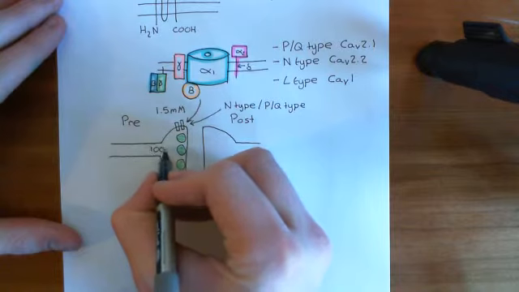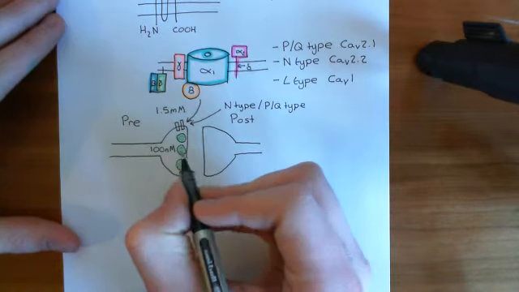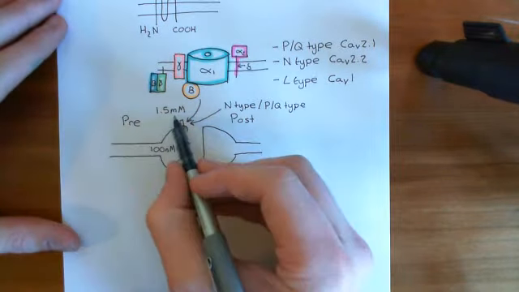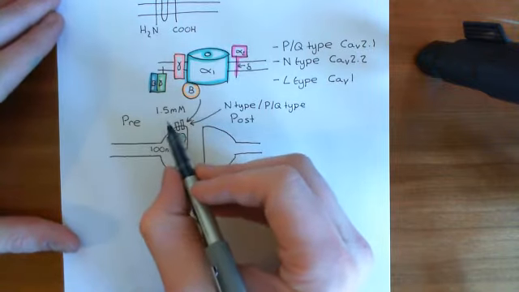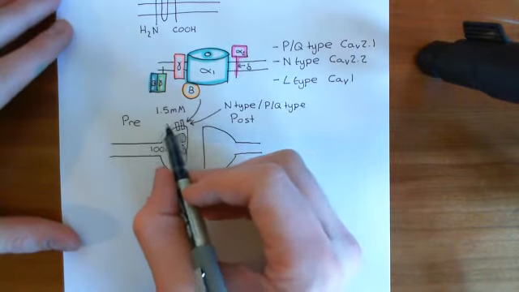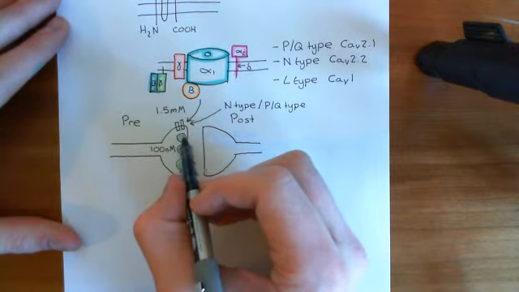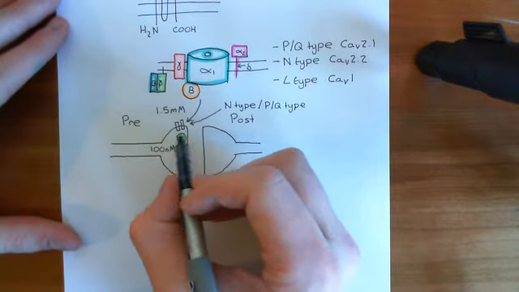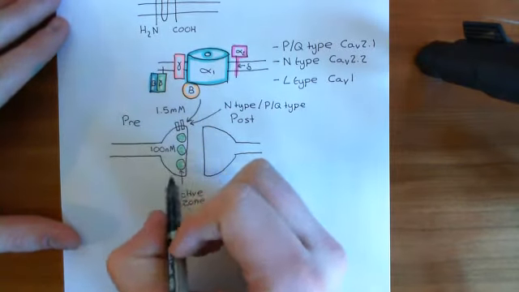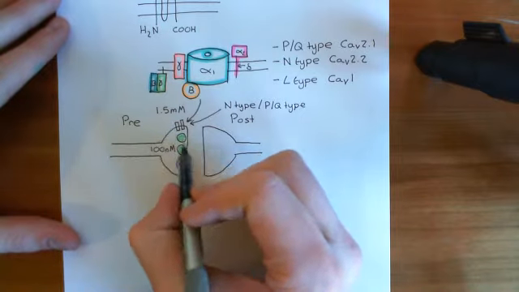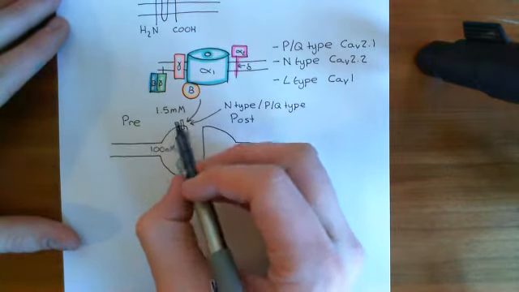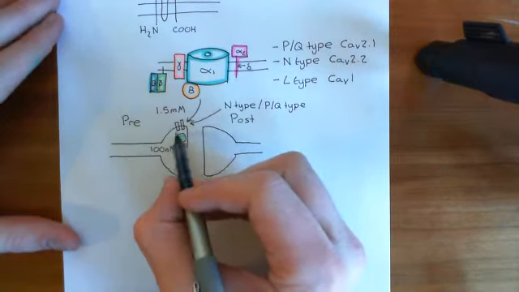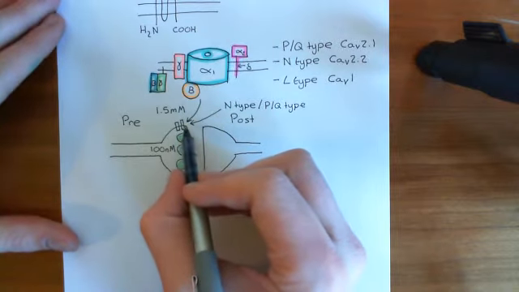The intracellular calcium concentration is around 100 nanomolar. That is a 15,000-fold gradient. There is absolutely no way in the world that whatever physiological electrical potential difference you have across this membrane, that will stop the movement of calcium into the cell when you open this channel.